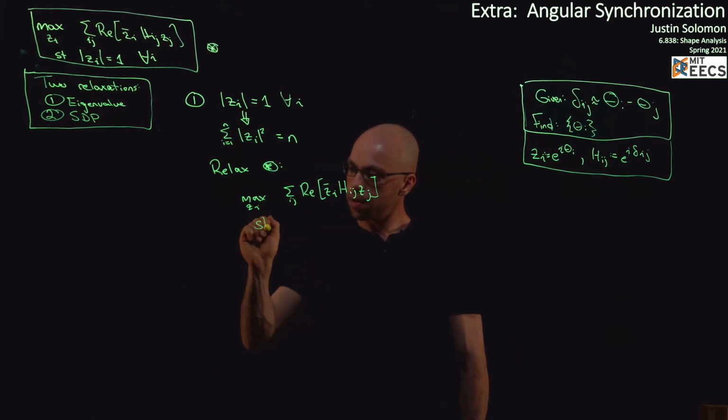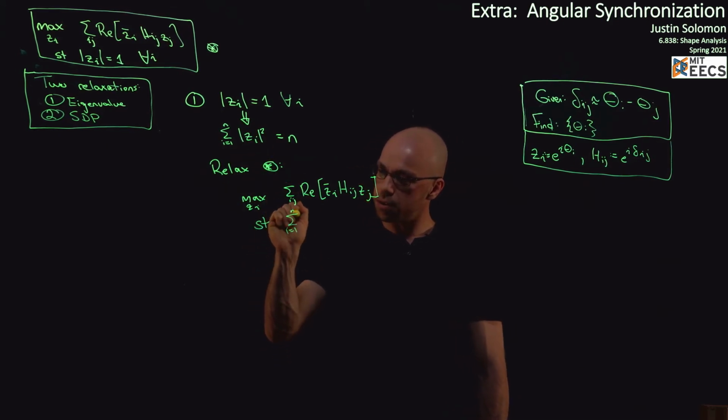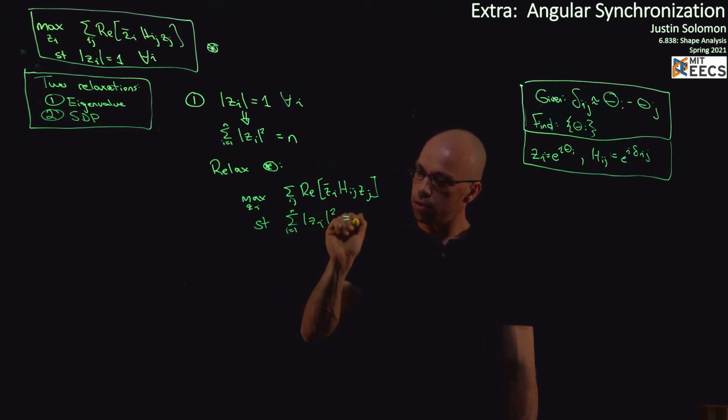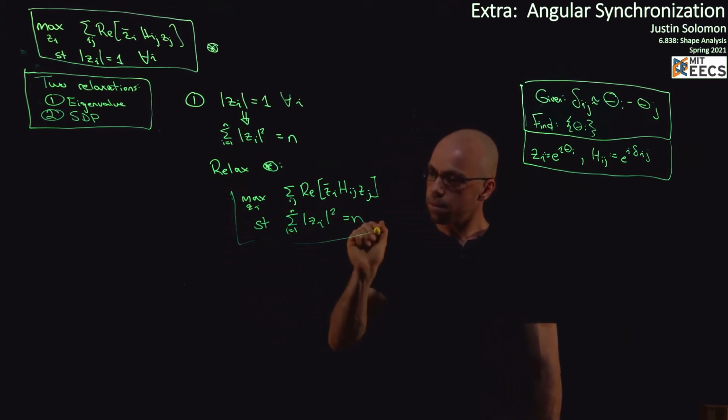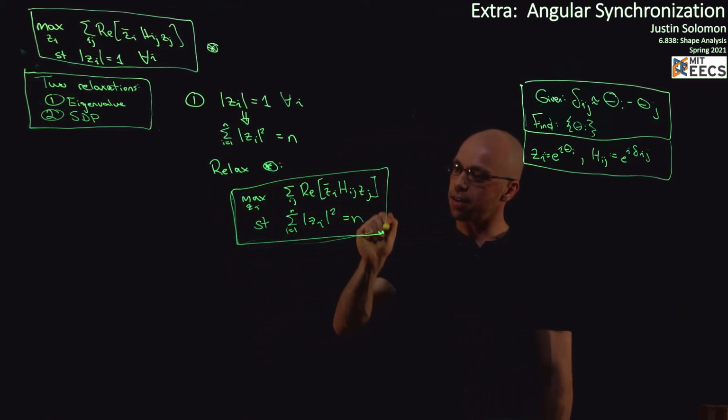But now we're just going to have one quadratic constraint, which is the sum from i equals 1 to n of |zi| squared is equal to n. So this is a very relaxed version of that problem marked star.